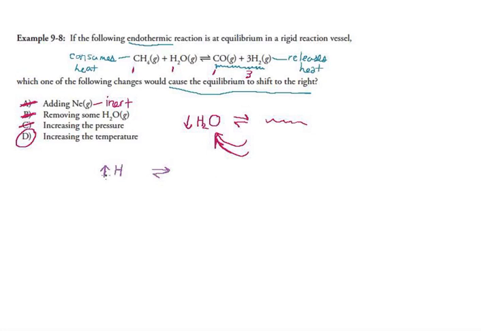If we increase the temperature, that would cause equilibrium to shift a little bit this way because this guy has to start overproducing in order to keep up. And that is why D is my credited response.